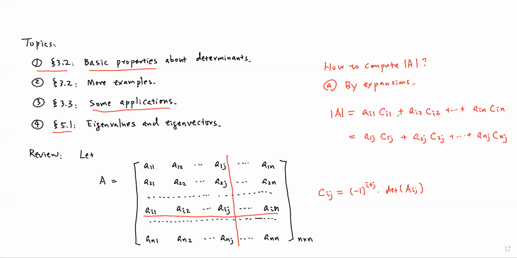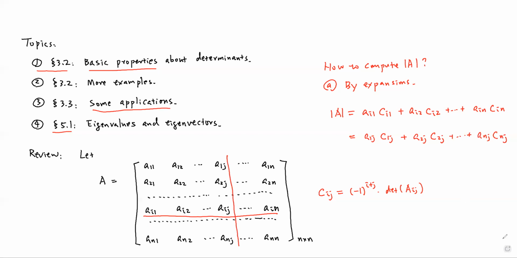The results are equal. Expanding this determinant across row i and expanding the determinant down column j, the results are equal. This is one approach to compute a determinant. The second approach to compute a determinant is reduce the determinant to echelon form.